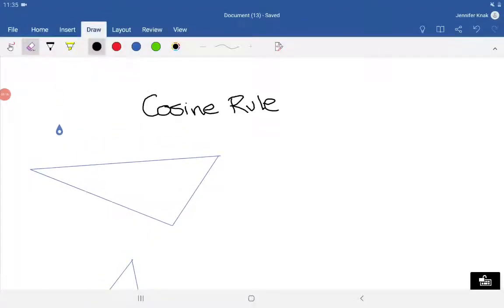Okay, so when we are working out an angle, we have a slightly different version of the formula. Now, unlike sine rule, where you've just got to remember and turn the formula upside down to make life easier, the angle formula for cosine rule is given to you on the formula sheet because it is a wee bit more complicated. You can have a go and try and achieve it from the first formula I gave you.